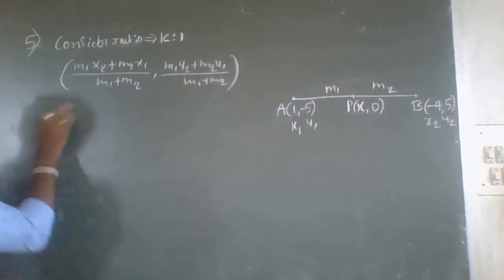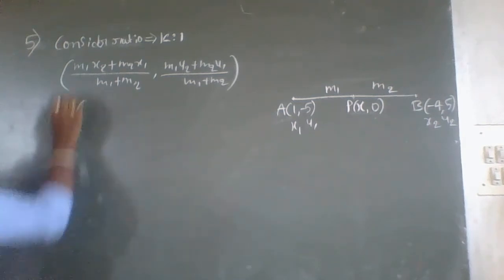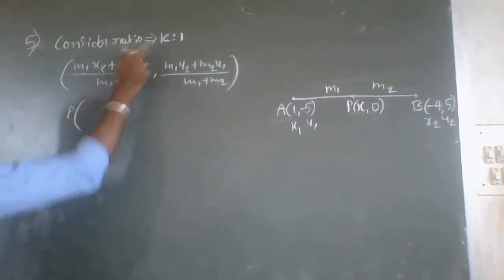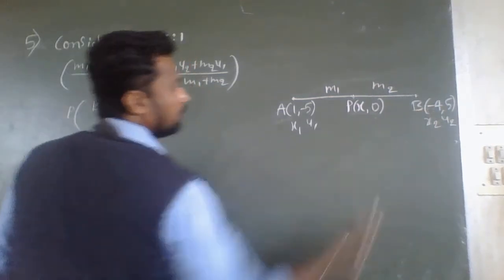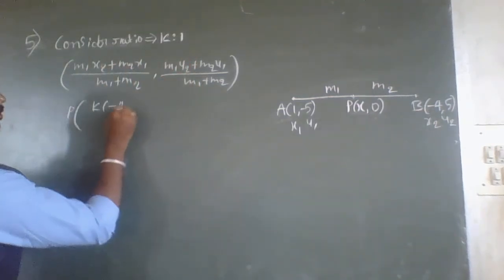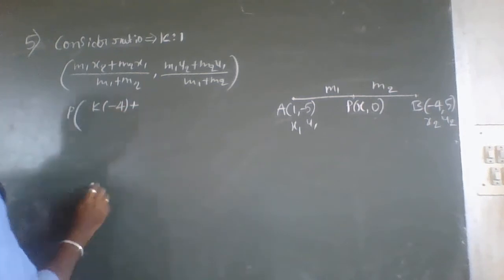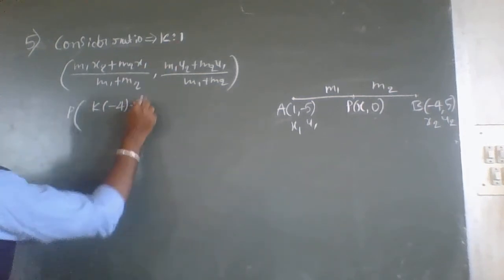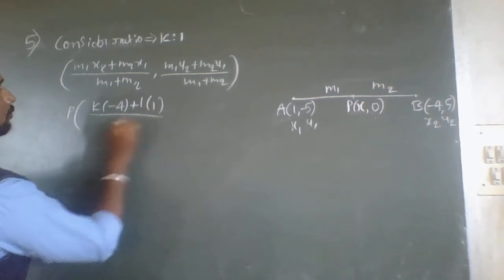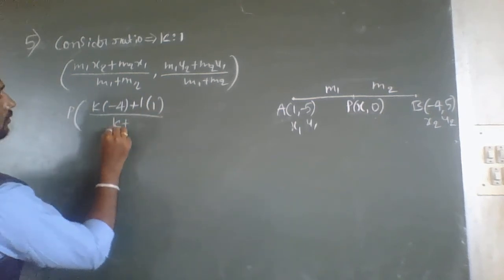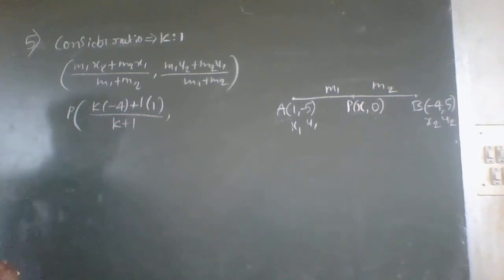So now here for point P, m1 value is considered as k, and what is the x2 value? Minus 4. So k into minus 4 plus m2 value is 1, and x1 value is 1 here, divided by m1 plus m2, meaning k plus 1. This is for the x coordinate.